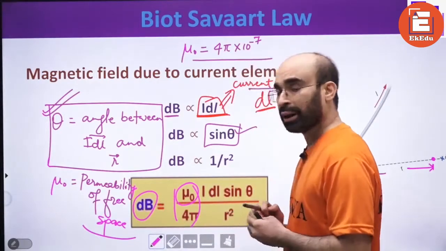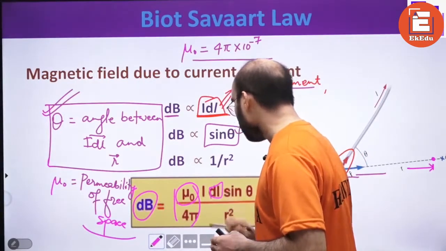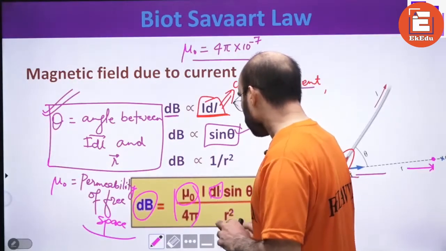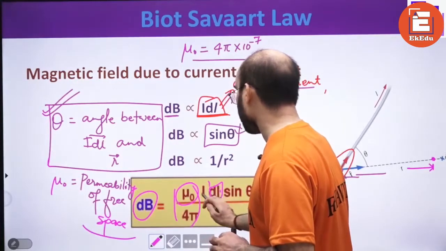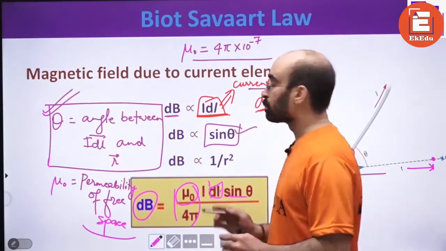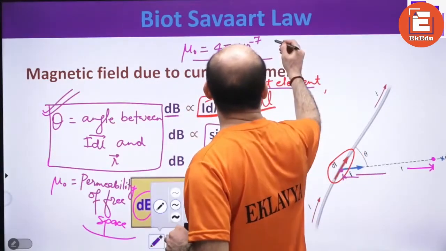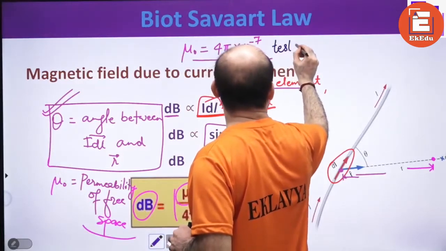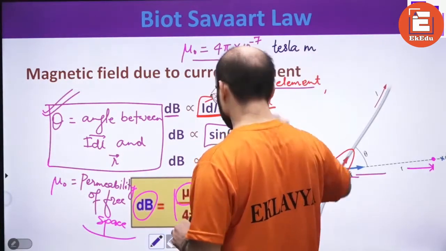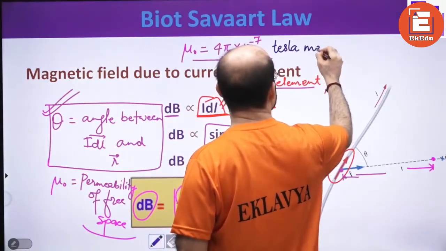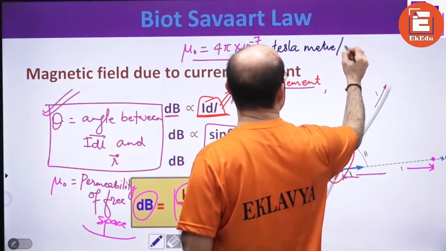This is meter square. This also has got meter. So meter by meter square. That means this becomes meter. So Tesla meter per ampere. Sin theta has no unit. So what is the SI unit of this? Tesla meter per ampere.